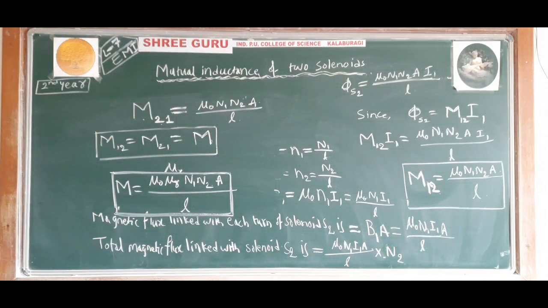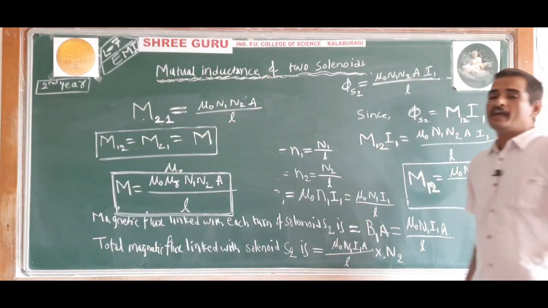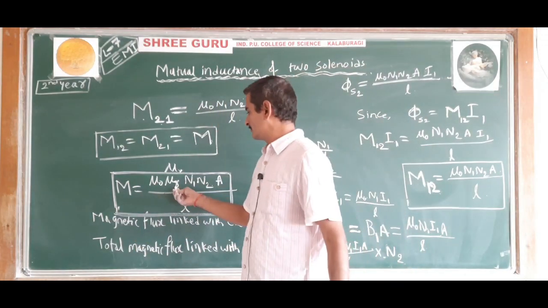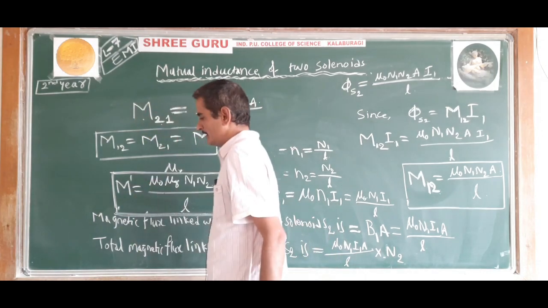of a pair of solenoids having a magnetic material as the core: mu naught mu r N1 N2 into A divided by L. I will call this M dash.